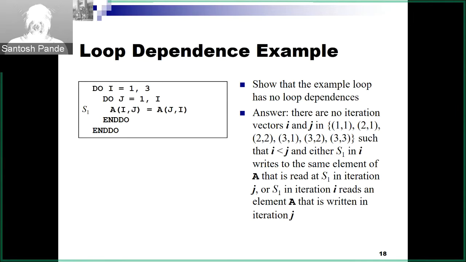Not when we are talking about the same iteration, because even if there is a dependence internally, that's the iteration which we are going to just give to one processor and we are not going to parallelize. So that dependence is going to be taken care of internally during the execution of that iteration.